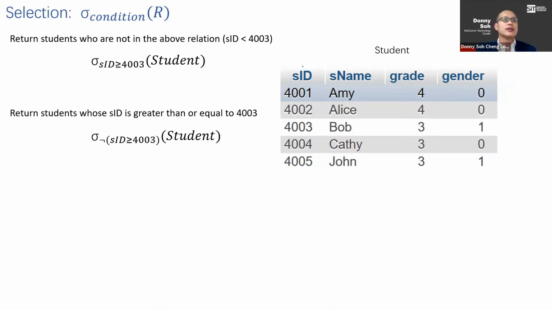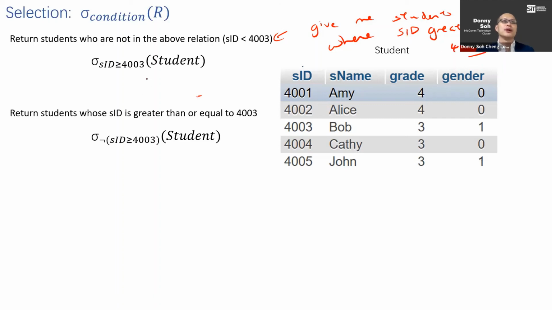Then yeah. So return the students who are not in the above relationship, where SID less than 4003. So these are the students whereby SID is greater than or equals to 4003. So what this is trying to ask is, give me the students where SID is greater or equal to 4003.